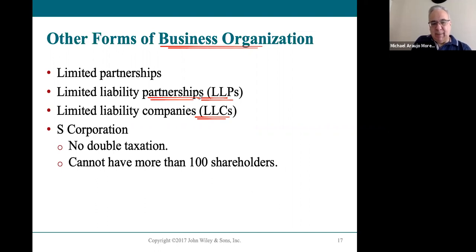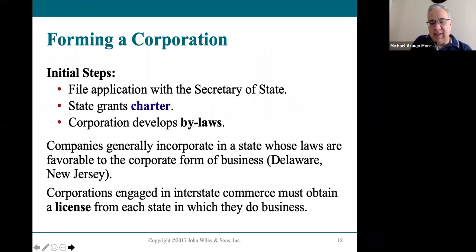Lower tax is a benefit of a partnership. Limited liability is a benefit of a corporation. So most of these forms of businesses are just combinations of the best of both partnerships and corporations in one. Okay. So that's basically it; we're not going to deal with them in detail here.